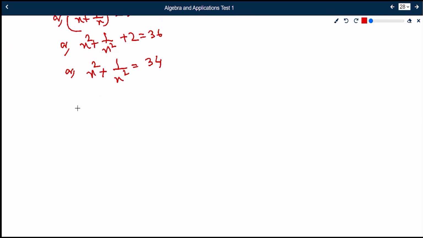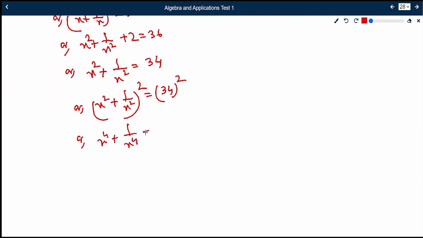Now again we will square both sides. Squaring both sides, we get x square plus 1 by x square whole square equals 34 whole square. Now x to the power 4 plus 1 by x to the power 4 plus 2, and after squaring 34, we'll get 1156.